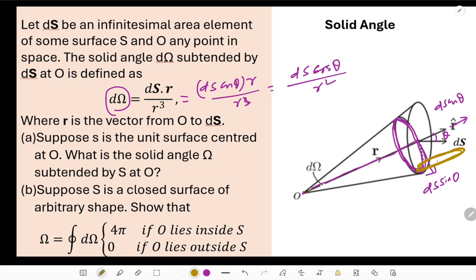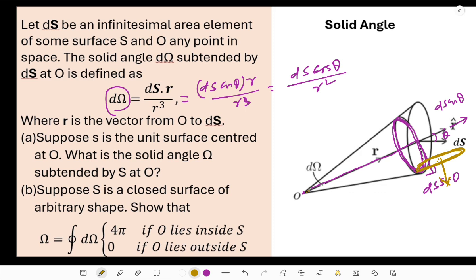That means it is not going to contribute any solid angle at point 2. Because its direction is perpendicular to r, theoretically it cannot produce any solid angle at point 2.